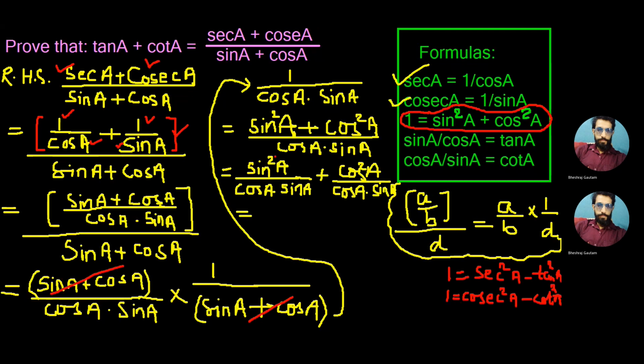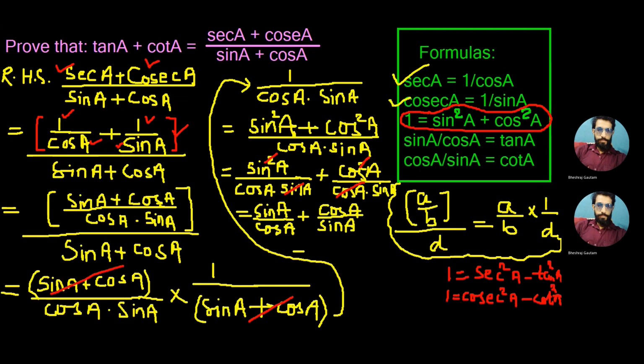Now you can see a single sinA in the numerator and the denominator can be cancelled from the first part, and from the second part a single cosA from the numerator and from the denominator can be cancelled. So cancelling them, we get sinA by cosA in the first part plus cosA by sinA in the second one.